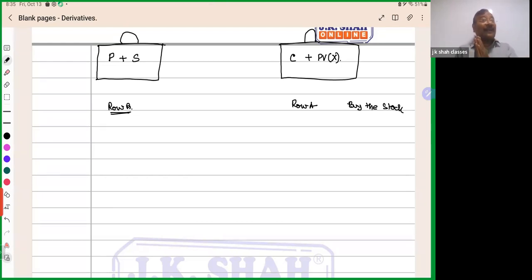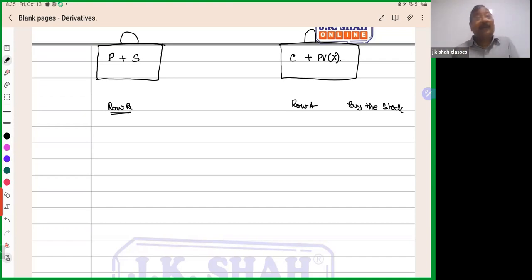Stock kharidna hai. And I'm the financial advisor and I tell them, Bewkoof, don't buy the stock now. Invest it somewhere else. You can make more money and then buy the stock. So what will row A do? Buy a call and invest in present value of X.